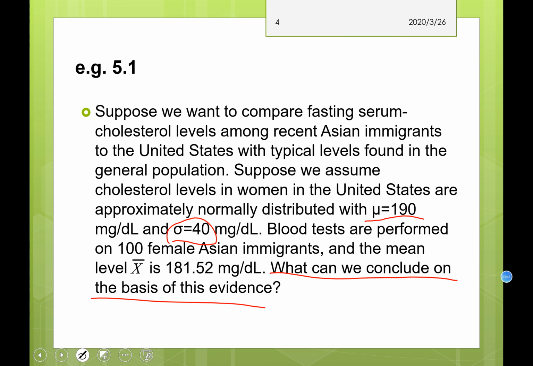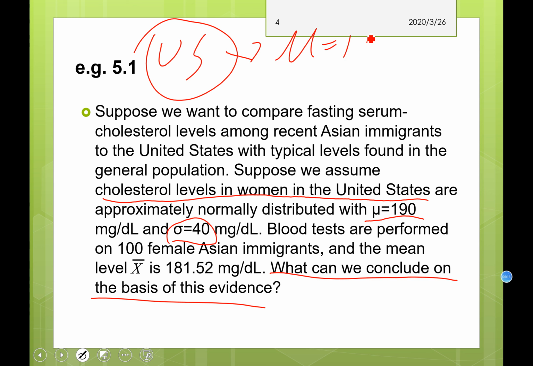Suppose we assume cholesterol levels in women in the United States, so the population is the cholesterol level in women in the United States. This is the given population, that is United States women. And we know that the mu of the population is 190 and its sigma is 40.